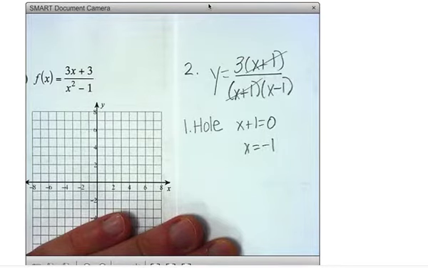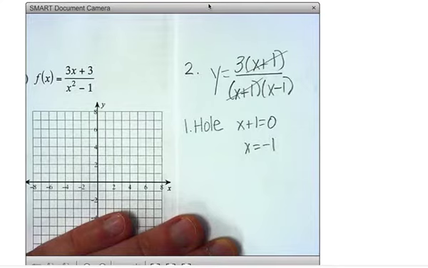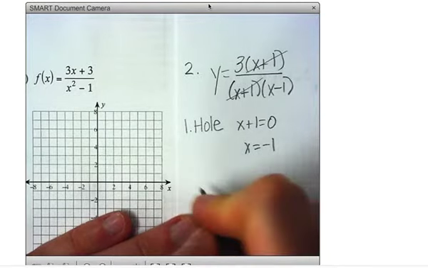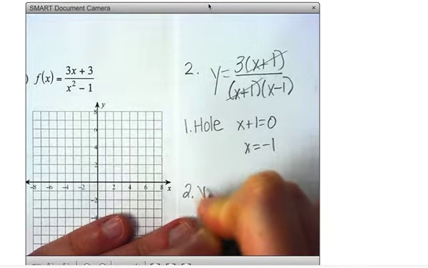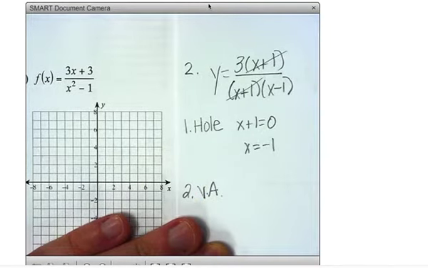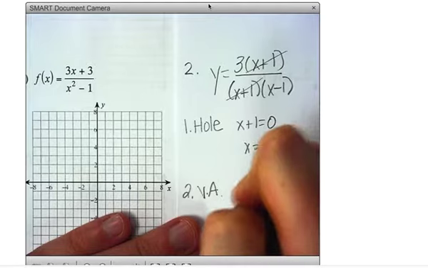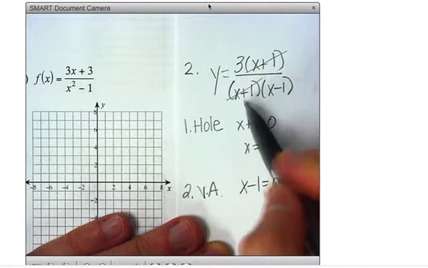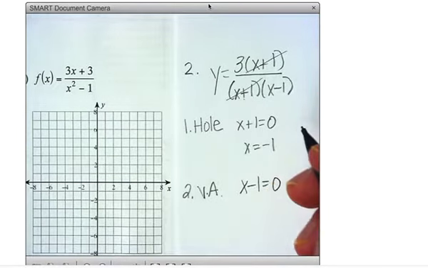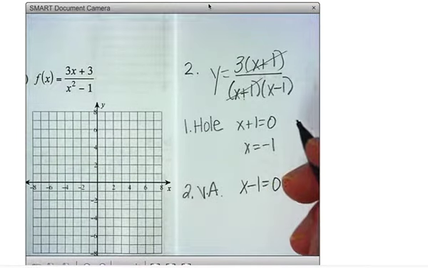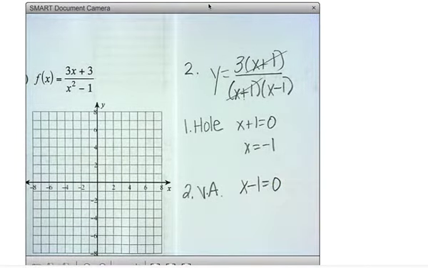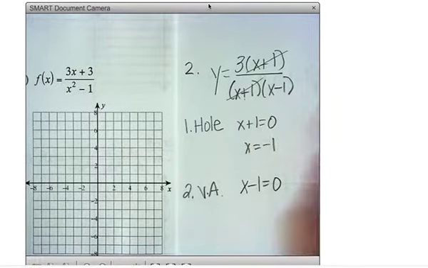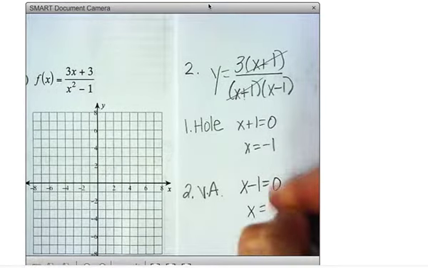Does that make sense? What about vertical asymptotes? X minus 1 equal to 0. Why don't I set the other one equal to 0? Because it canceled out. It was a hole. Can't be both. All right? So what's the vertical asymptote? X equals 1.